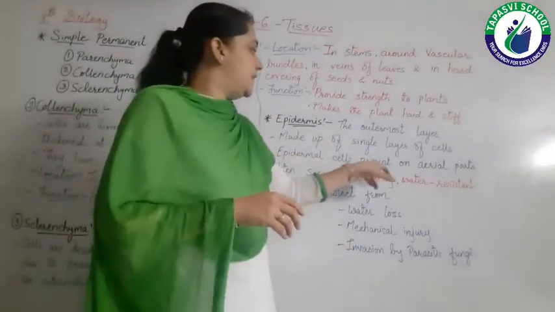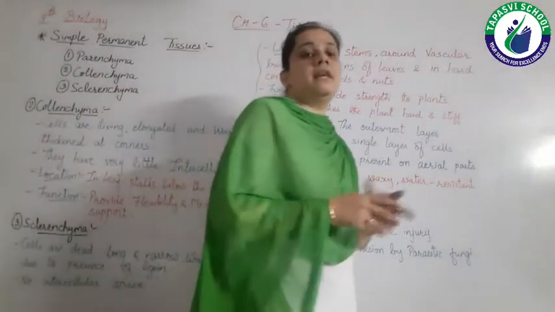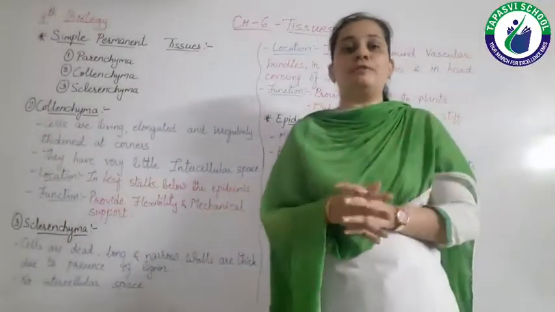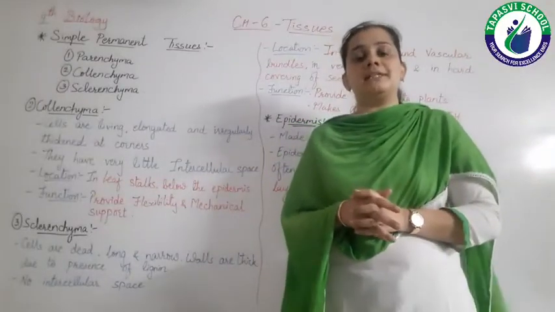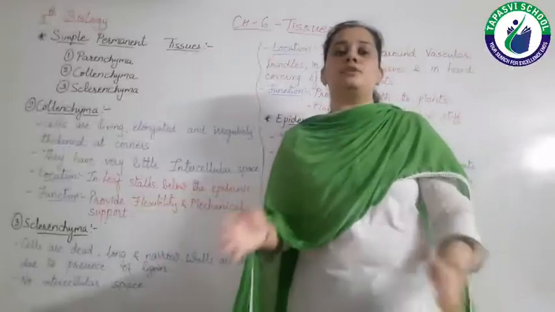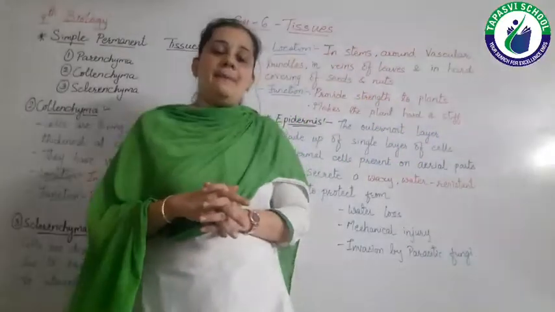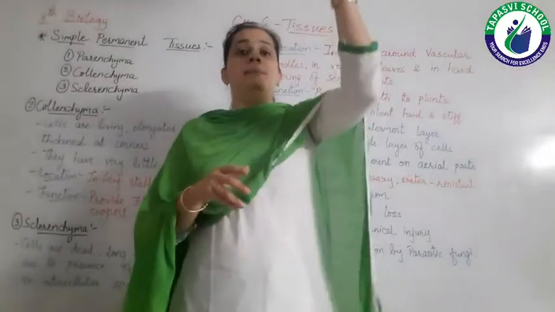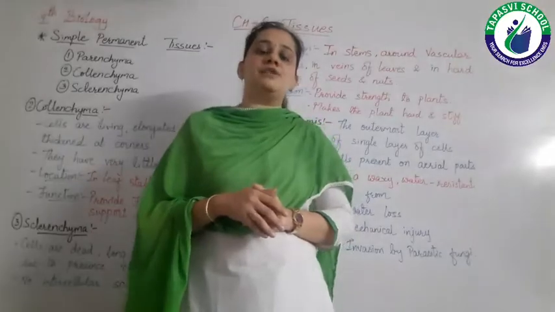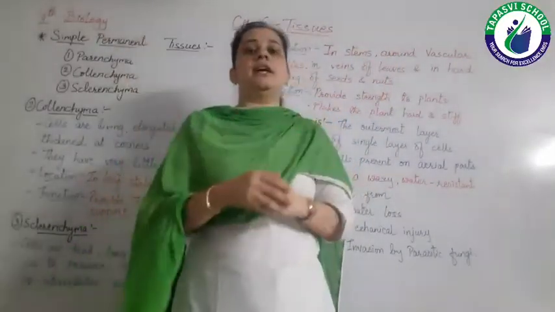Epidermal cells are present on aerial parts of any plant. What is the function of these epidermal cells? Epidermal cells generally provide protection to all the parts of the plant. Aerial parts means the parts which are in contact with the air.